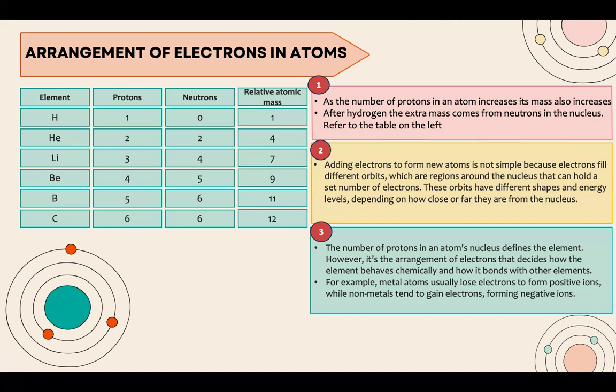However, it is the arrangement of electrons that decides how the element behaves chemically and how it bonds with other elements. For example, metal atoms usually lose electrons to form positive ions, while non-metals tend to gain electrons, forming negative ions.